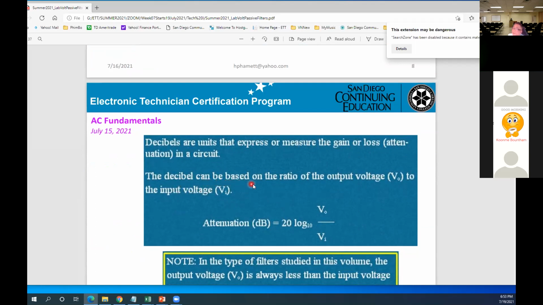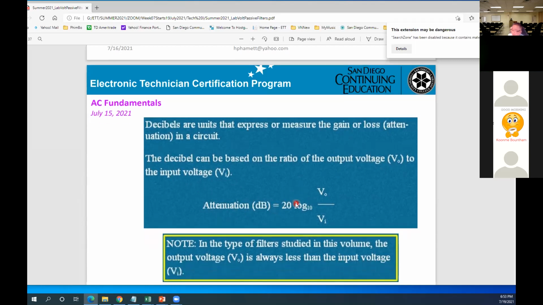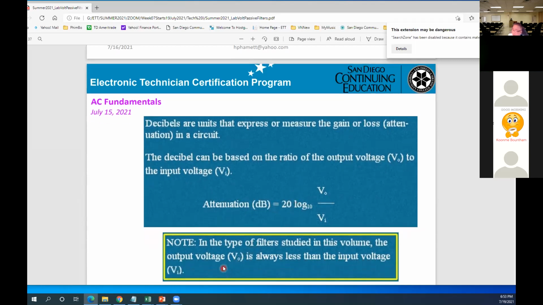The decibel can be based on the ratio of the output voltage to the input voltage. We already learned dB equals 20 log of VL divided by VE. Note, in the type of filter studied in this volume, the output voltage is always less than the input voltage.